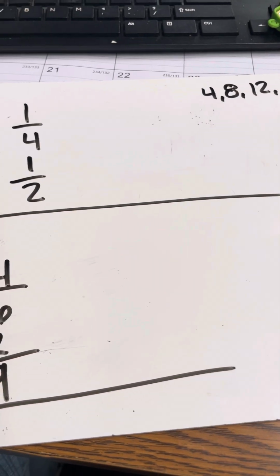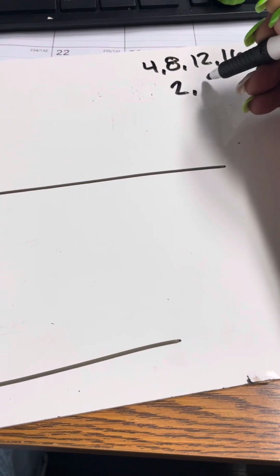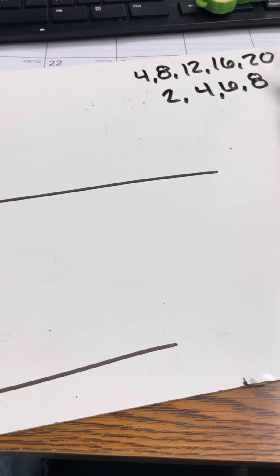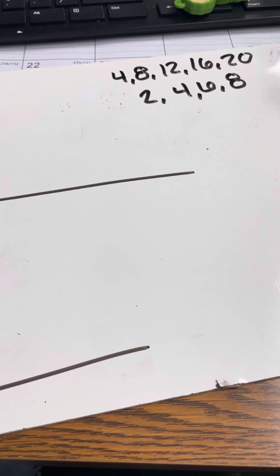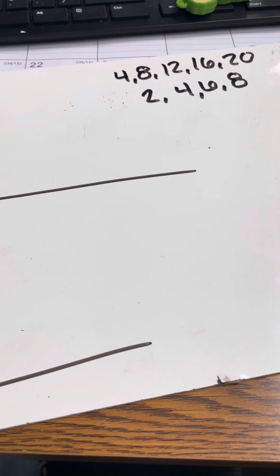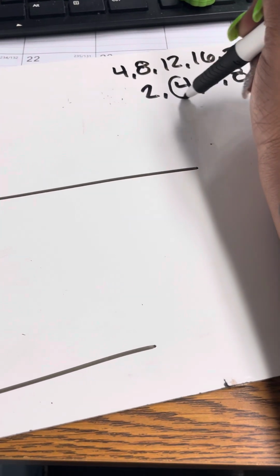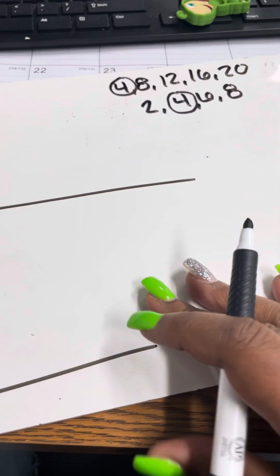And then for the multiples of 2, we have 2, 4, 6, and 8. Now, if we look at both sets of these numbers, what is the smallest number that they both have in common? 4, right? So that's how we know what our new denominator is going to be.